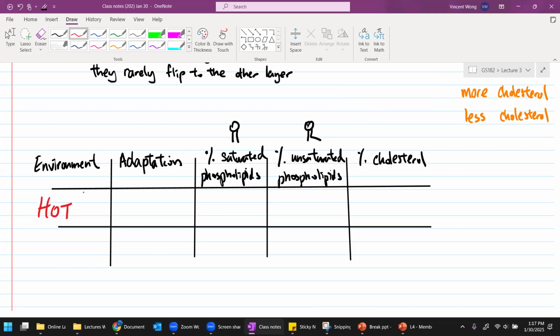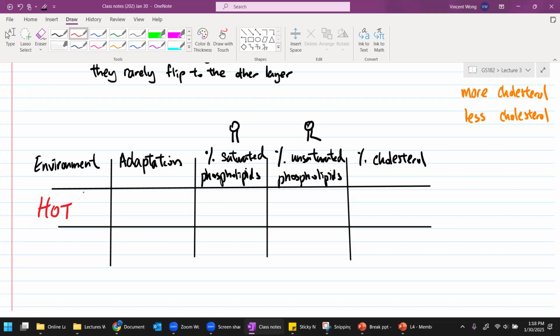So talk with people around you. Think about it: if it's in a hot environment, do you think the cell membrane needs more or less of this stuff? I'm looking for higher or lower for each one. You choose one, and then you have to describe the adaptation. The adaptation is: do you want it more solid or more liquid for a hot environment?